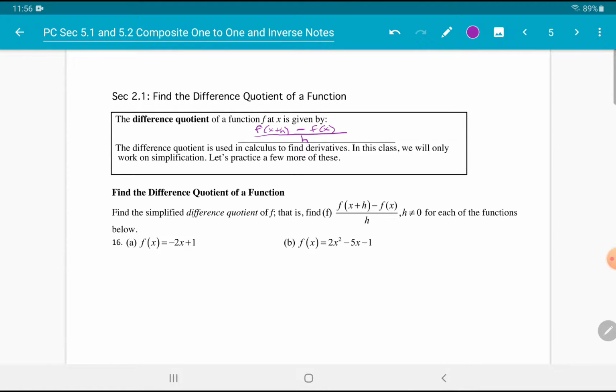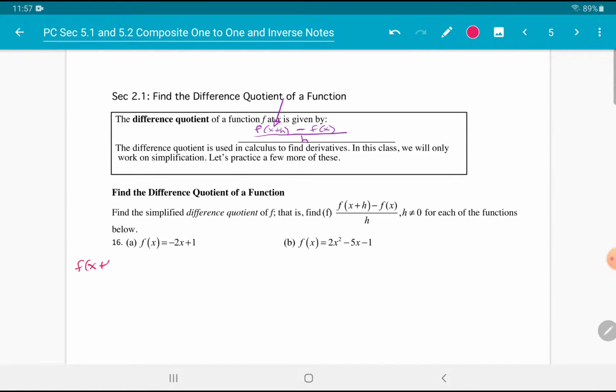Okay, so the only reason why we're doing this here is because we do see a composite function in there, and that composite function is basically that f of x plus h. We're going to put that x plus h into our function f. Okay, all right, so let's go ahead and begin. Now, because we have a number of different f of x's in here, I'm going to explicitly label each of them.